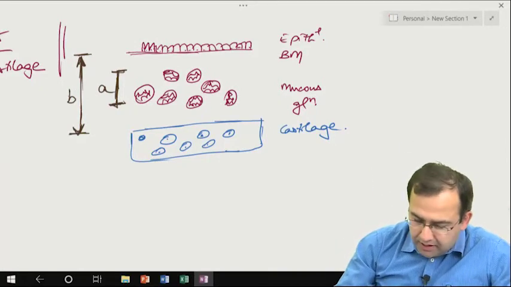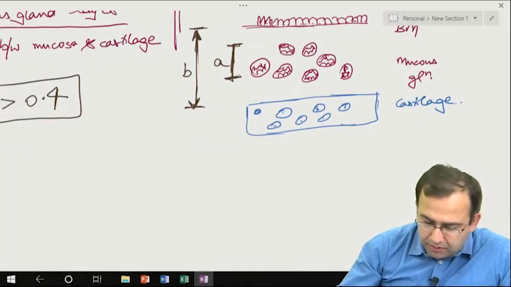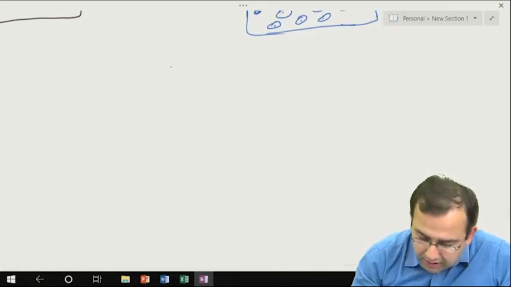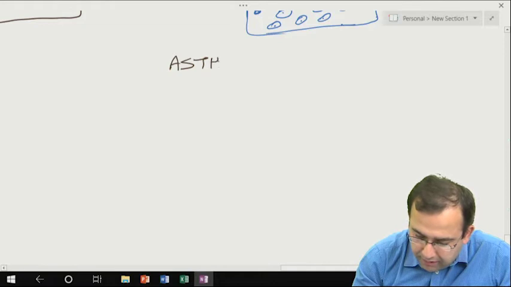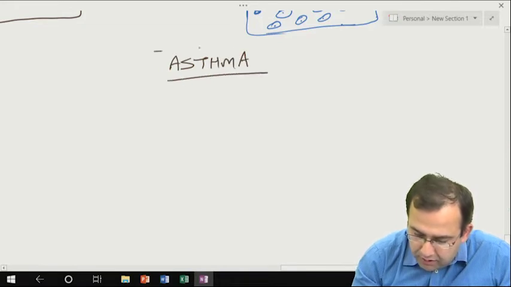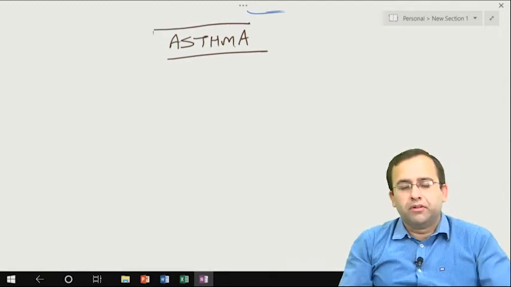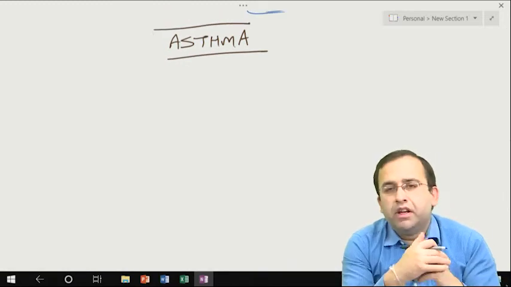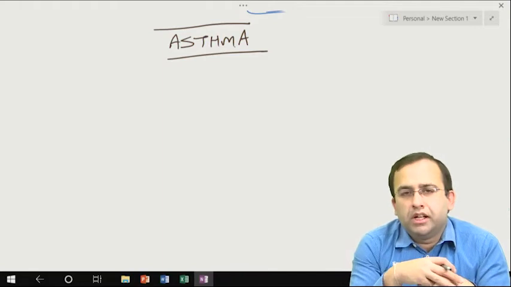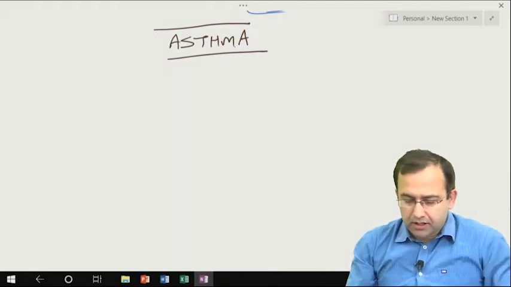This gets us to the next obstructive lung disease, that is asthma. We have done this very well in general pathology immunity. Let us just see the features.